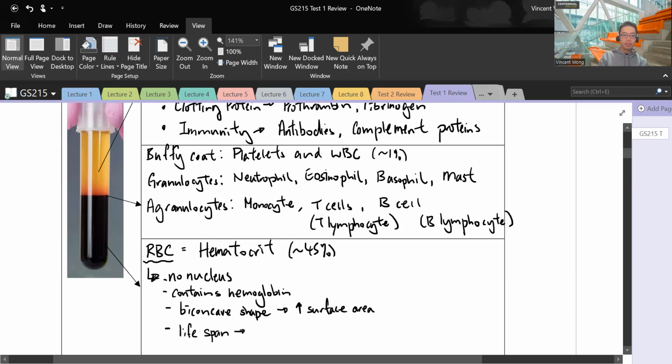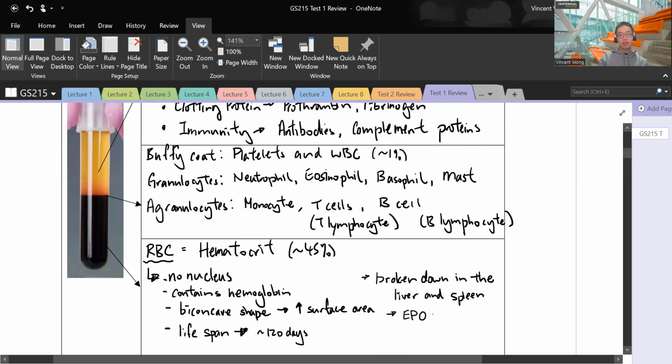Lifespan, how long do they live for in the body? Yeah, about 120 days, very good. And when they do die, they get broken down in the liver and spleen. Okay. And there is one other thing that we should probably remember about RBC.